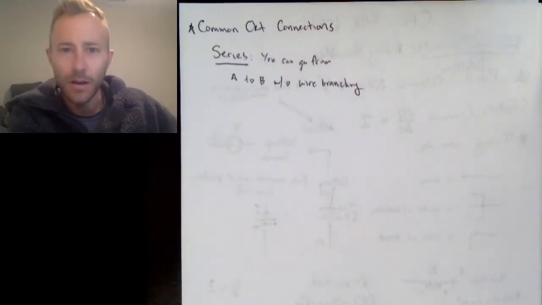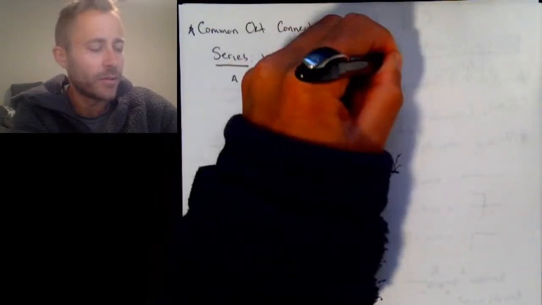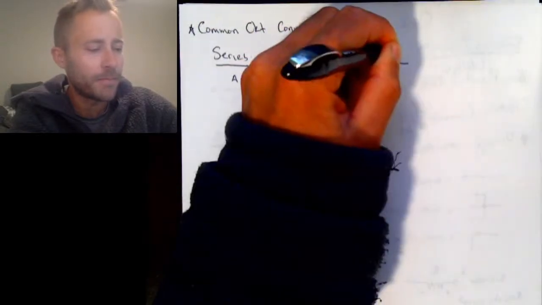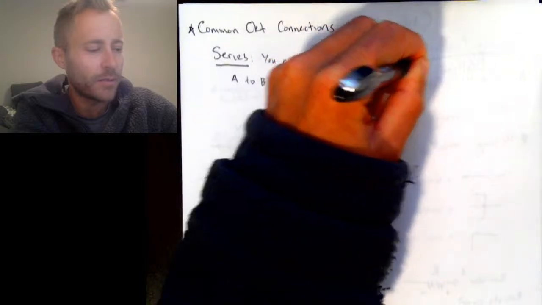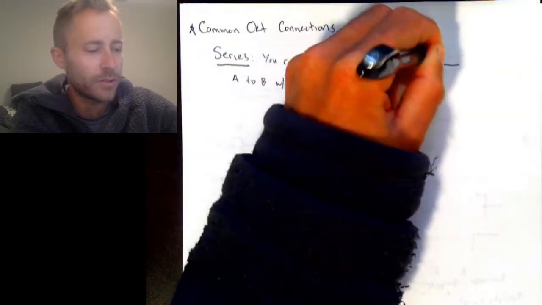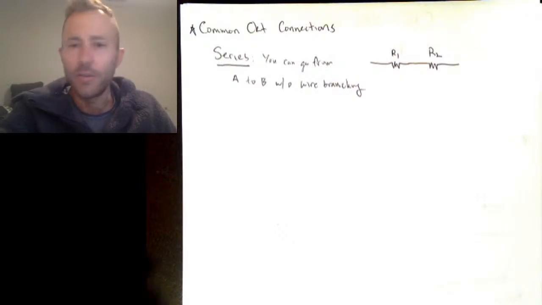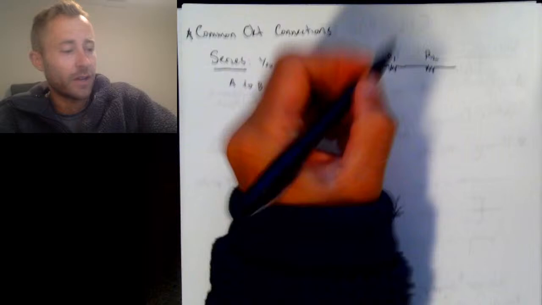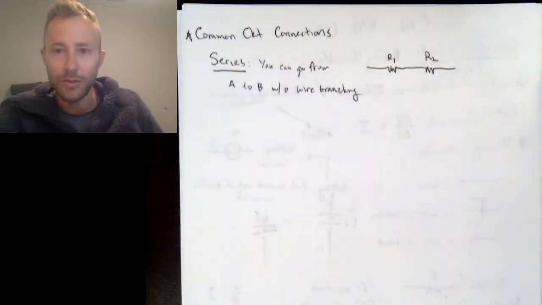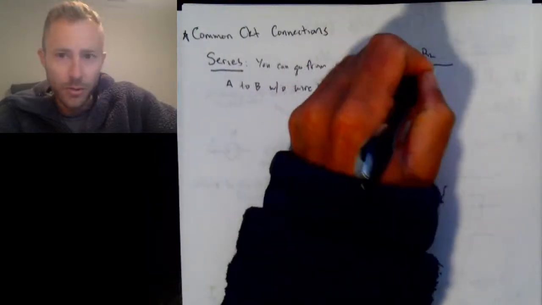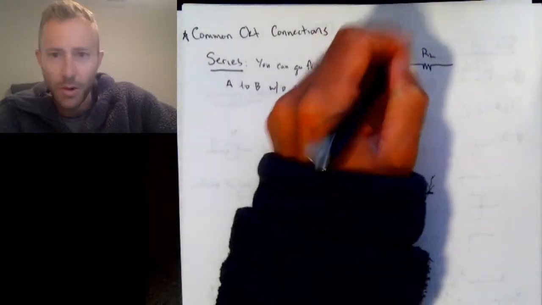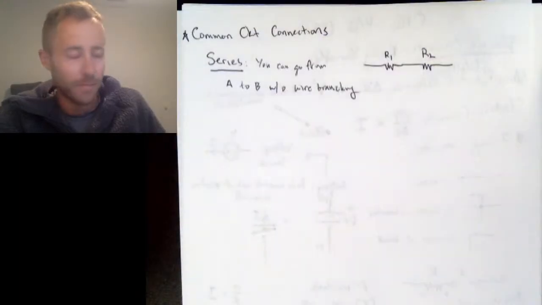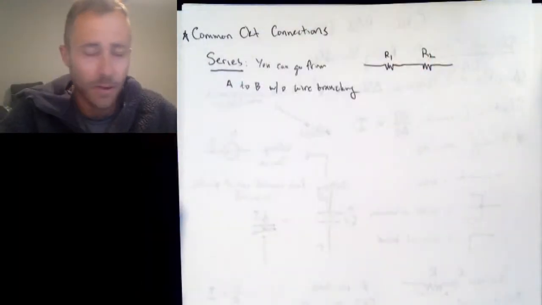So let's suppose I have resistor 1 and resistor 2 connected like this. Then these two resistors are in series because I can go from resistor 1 to resistor 2, and the wire in between them doesn't sprout off in any other directions. So this is series. These are in series.